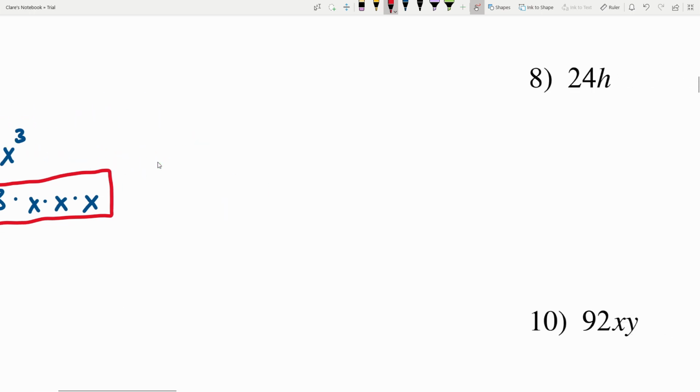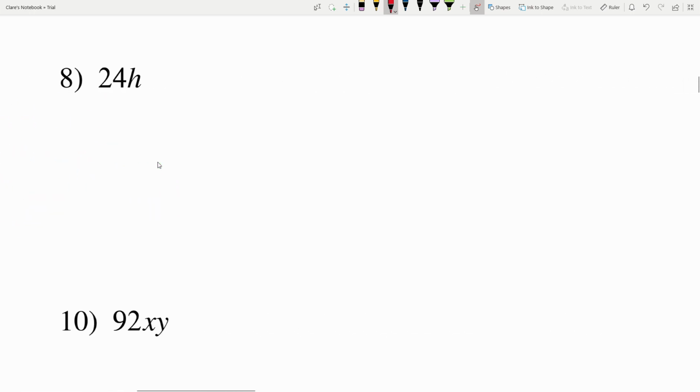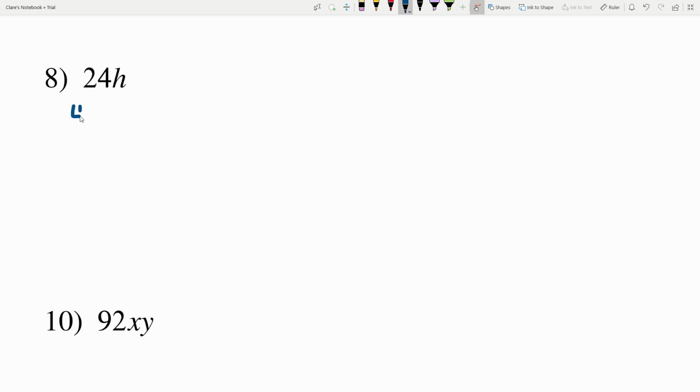In number 8, I have 24 times h. Now I know 24 is divisible by 2, but I'm going to switch this up a bit and find different factors that I can then split up into the prime factorization. Numbers that divide 24 evenly would be 4 and 6. So 4 times 6 times h is 24h.